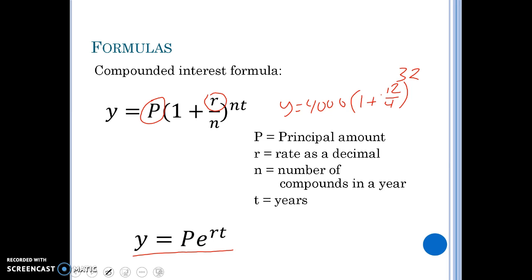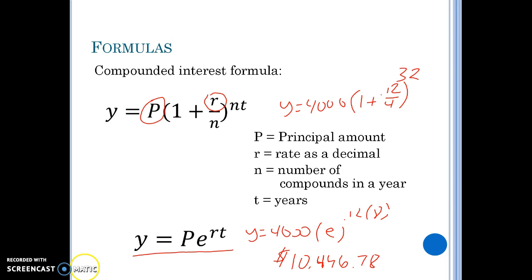But the way this formula works, in our example, where we would have $4,000, it would look like this. We would take $4,000 as our principal. We would multiply it times that number e to the r times t. The r is the rate as a decimal, which is 0.12 in our example, times the time, which in this case is 8 years. And if we take our calculators and evaluate this expression, we're going to get a maximum amount of $10,446.78.